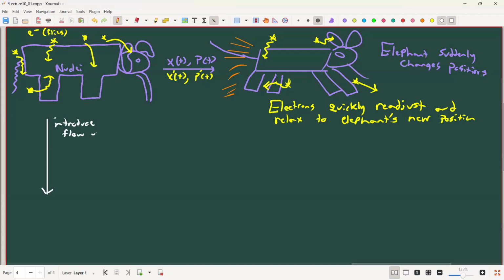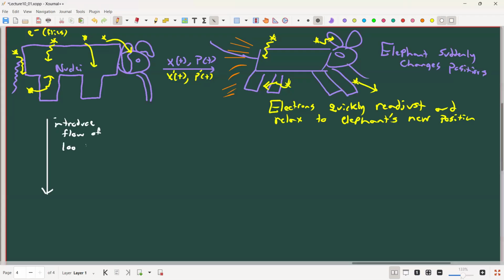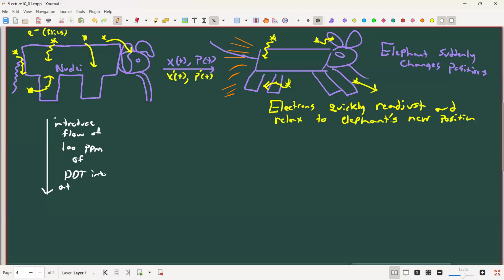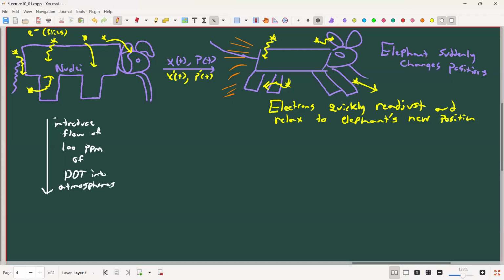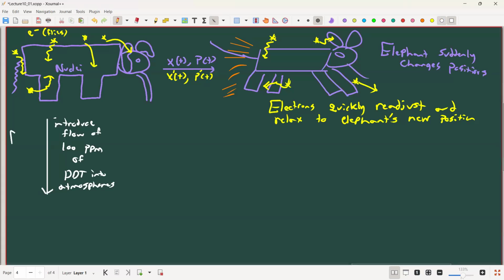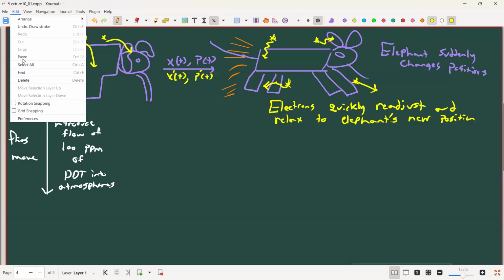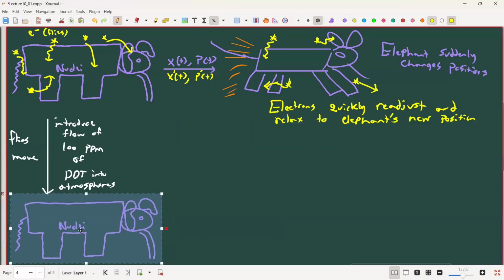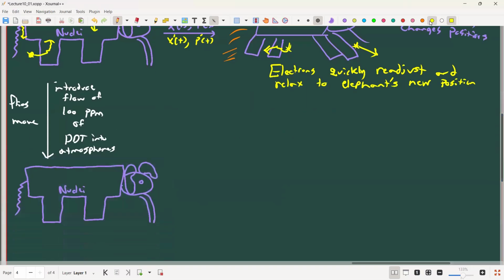introduce a flow of 100 ppm of DDT into the atmosphere, which kills flies, but at 100 ppm, the elephant doesn't give two craps.